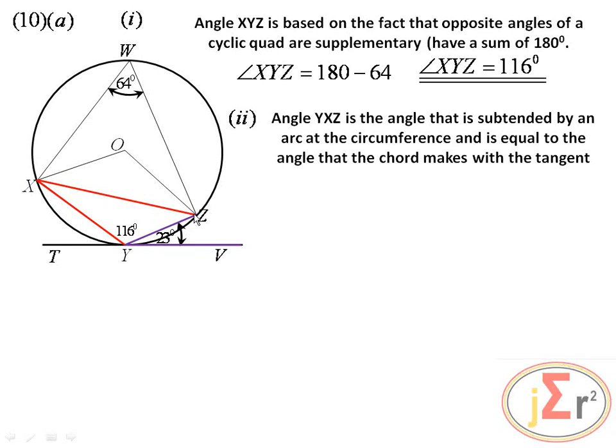That angle is equal to the angle that the chord makes with the tangent. So the angle that the chord makes with the tangent is equal to the angle that the chord is actually spanning at the circumference. So that angle is equal to 23 degrees. Wonder why I didn't put it inside of the circle. 23 degrees.